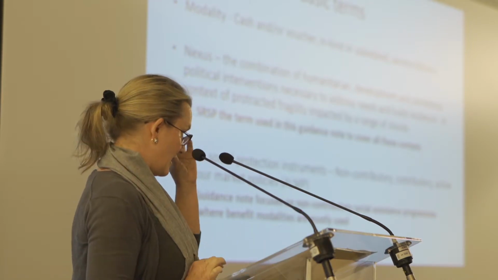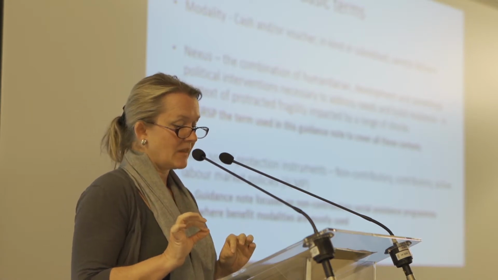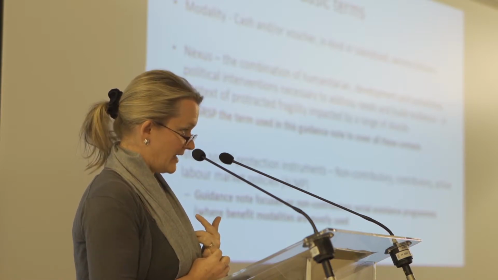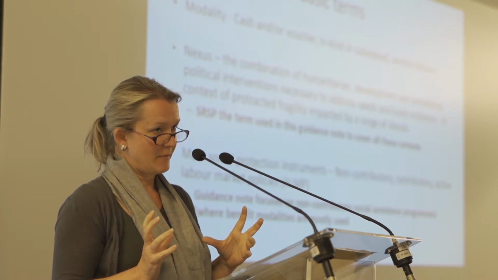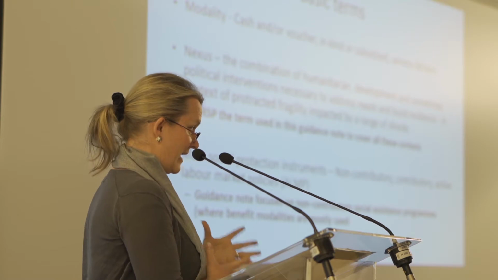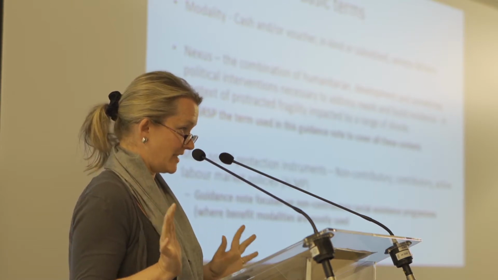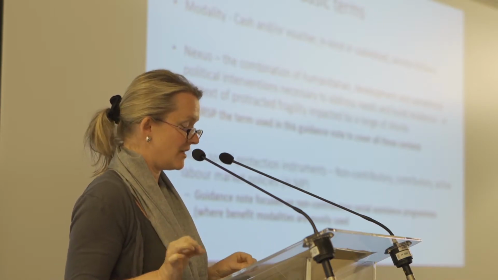But I will say that I personally take the view that social protection has to be predictable, and it has to be over a certain period of time. So if you come to someone who's in need of support and you give them a one-off handout, that's it, we're off, I personally don't class that as social protection. But that doesn't mean you all don't, because that's actually a discussion.